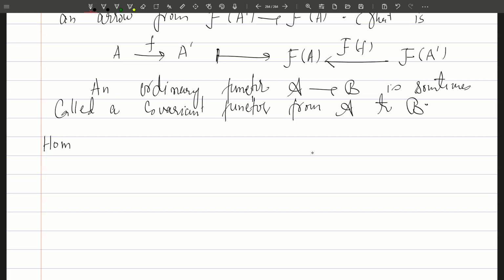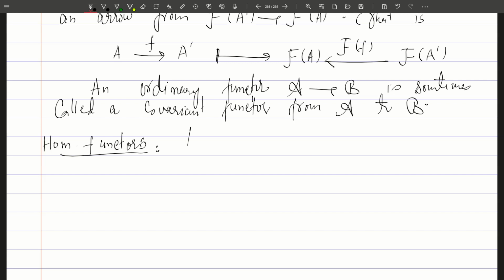There are two types of hom functors. Actually, there are three types, but here we discuss two hom functors.